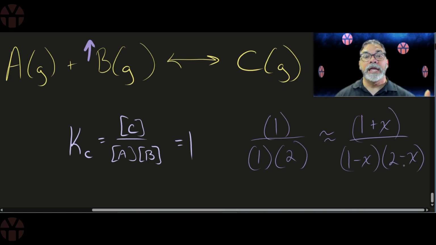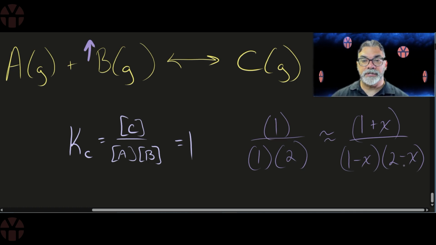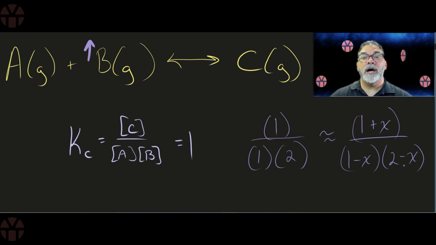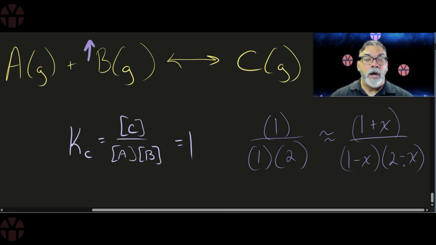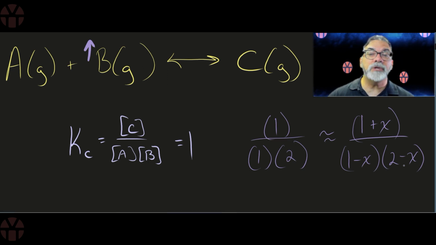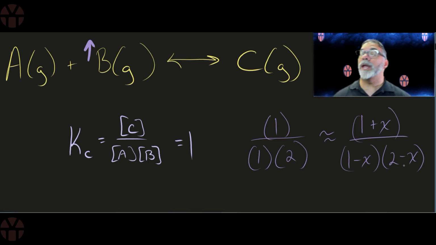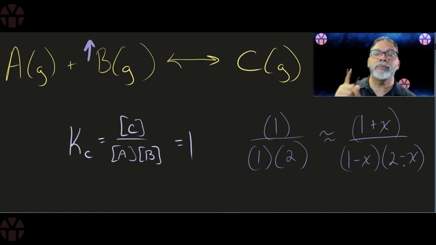Now, here's the big loser in this whole scenario. The amount of A will never again be 1 or higher. It's always going to be less than. But students sometimes ask, will the concentration of B drop all the way back down to 1? And the answer is probably not.